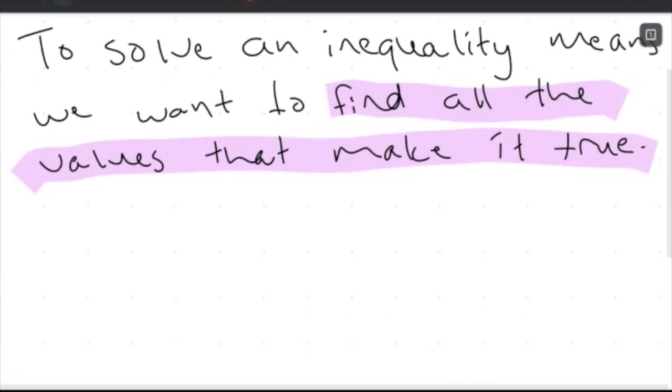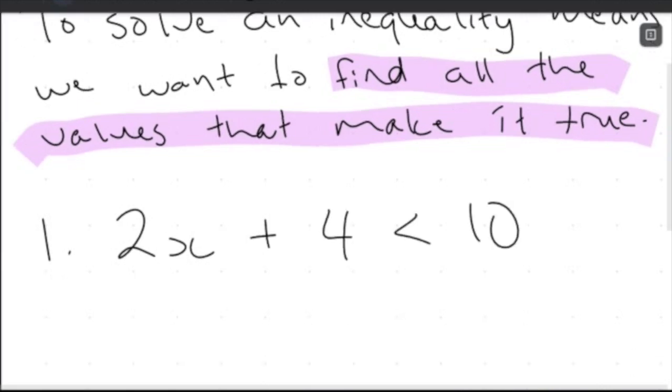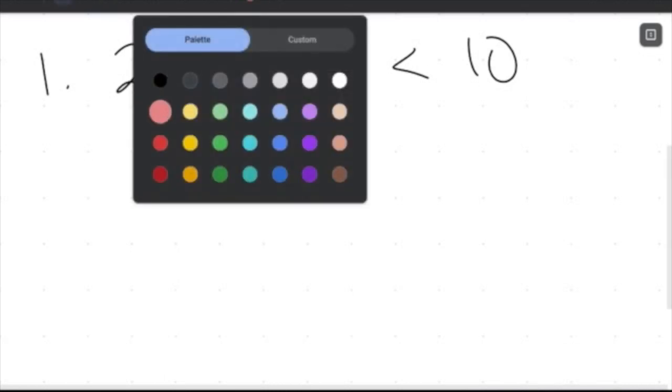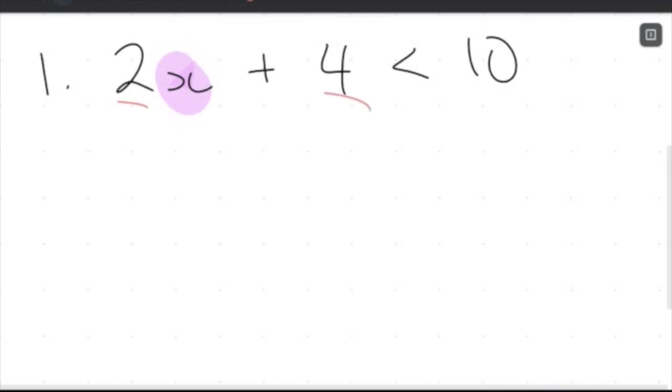Now, it's important to know that inequalities, although they're different to equations, they communicate different information to us, but we can solve them in the same way that we would equations. So I have a number x that when 2 is multiplied to it and 4 is added, it's going to be less than 10.